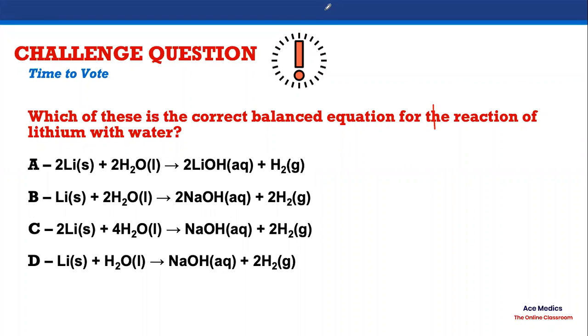So it's lithium with water, okay? Yeah, so it's going to be lithium with water, all right?